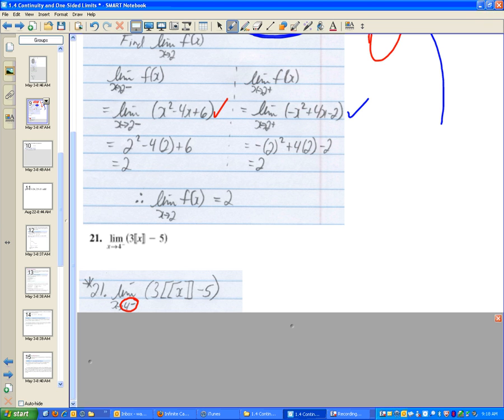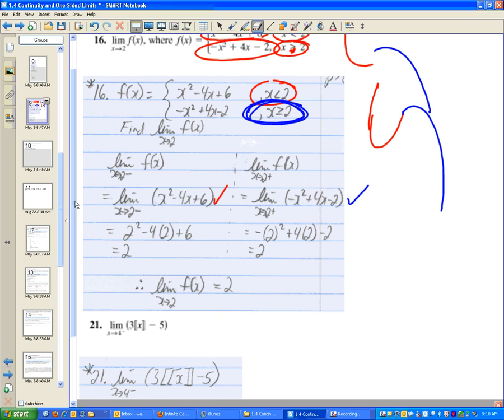We would actually have trouble if they didn't put the negative sign, meaning from the left. We would actually have to set this one up like we did number 16 and find the limit from the left and the limit from the right and see if they meet. Because one thing, you remember at the beginning of the year I said you need to have a basic knowledge of what graphs are going to look like without graphing them.